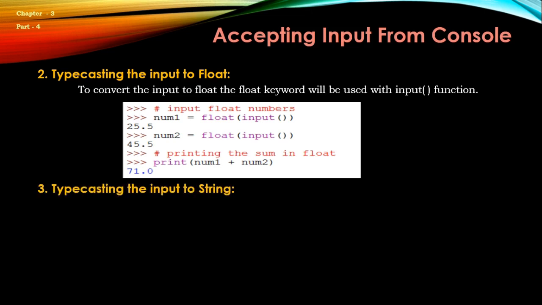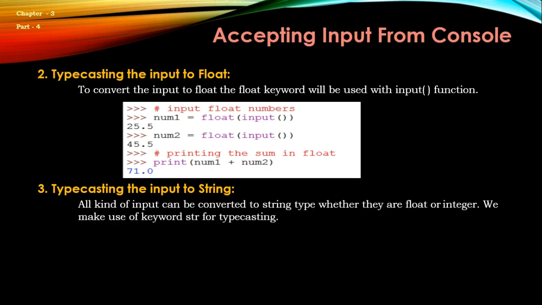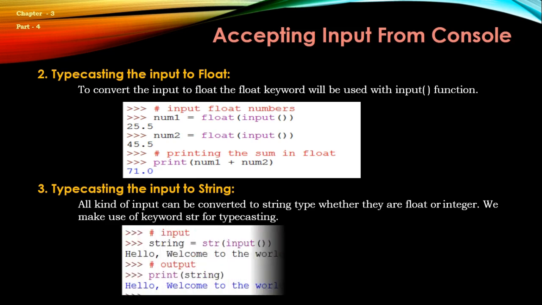Clear. Now next we'll see typecasting the input to string. All kinds of input can be converted to the string type, whether they are float or integer. We make use of the keyword str for typecasting. So you can see this example.